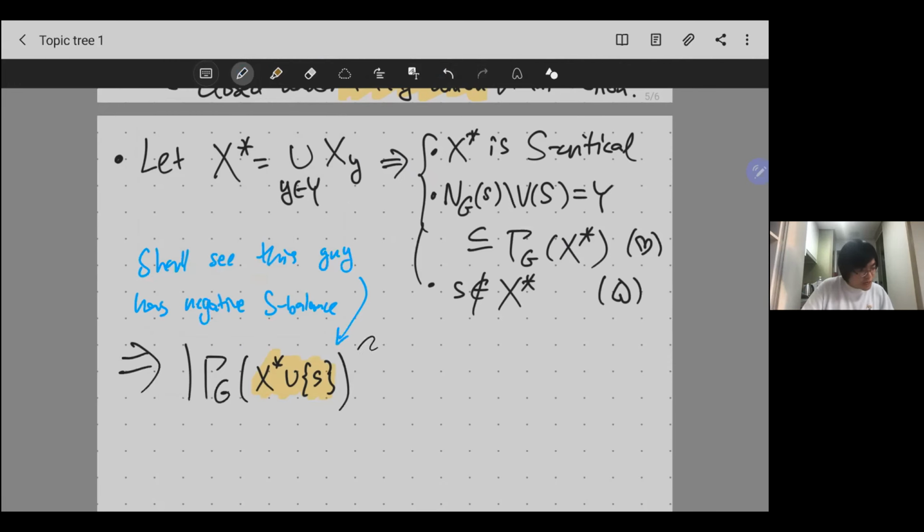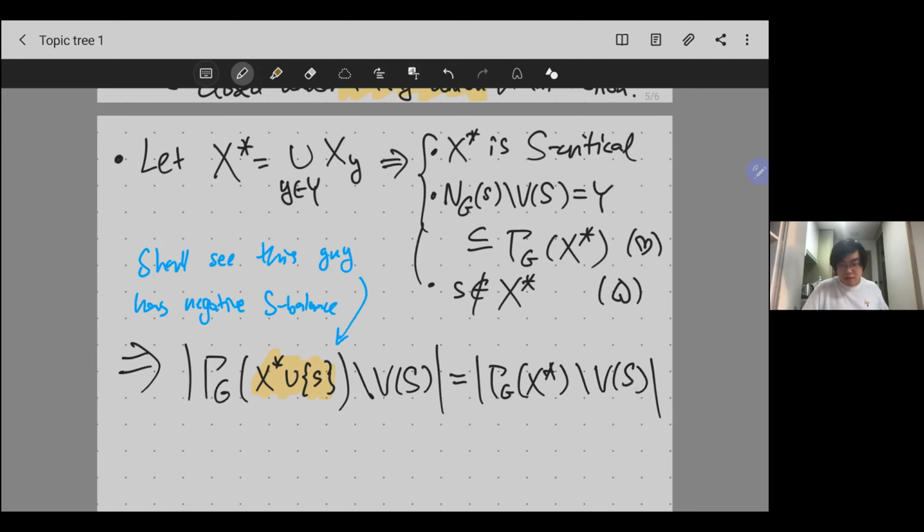So let's see that. Let's look at this guy. Well, first of all, if you look at the balance term, the first term is the neighborhood of this guy sticking out of V of S. That's the first term. It actually is the same as X star minus V of S. Why is this?